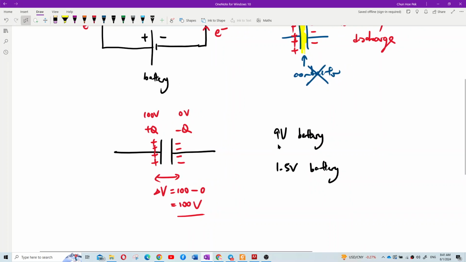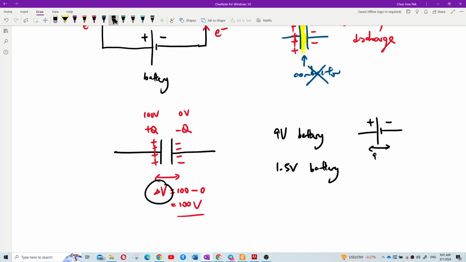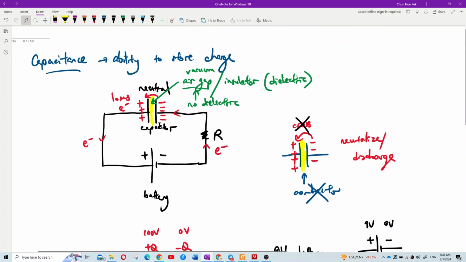That is the delta V. That's why your battery has a positive and negative terminal, because across it is a 9 volt difference. The positive terminal is 9 volt, the negative terminal is 0 volt, so delta V is 9 minus 0. A potential difference is built up between the two plates. That's how we charge our capacitor.